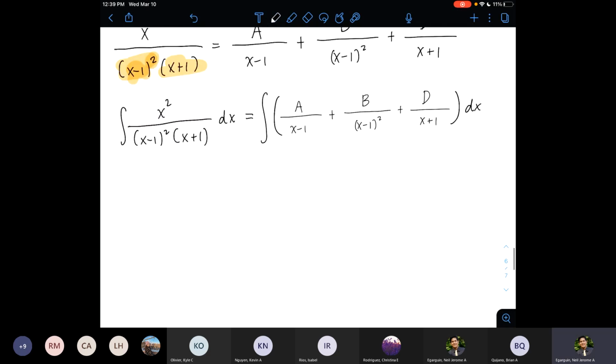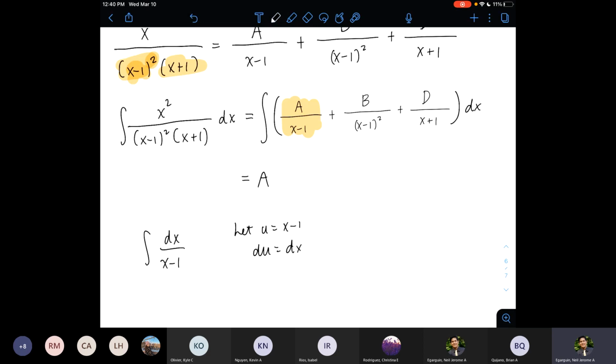It's just that we don't know what the values of a, b, and d are, right? Now, for the first term, it is a over x minus 1. A is a constant, so a can come out right away of the integral. So we are integrating dx over x minus 1 for the first term. For this, I can let u equal x minus 1.